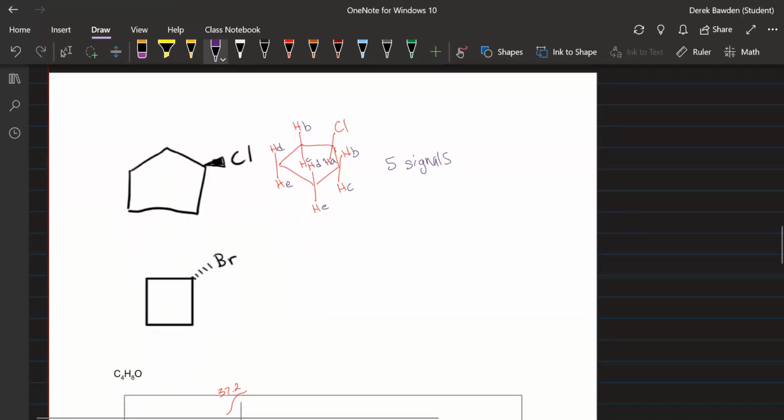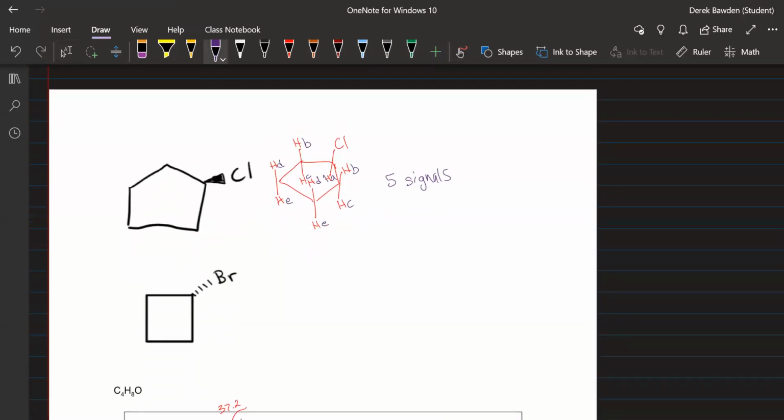Okay. So now we're going to do the same thing for this next ring structure. We're going to draw it in a 3D way so that we can see each of these bonds. So we have a 4-member ring. We have a bromine facing downward, and the rest of them are hydrogens. So the hydrogen attached to the same carbon as the bromine is going to be unique to the rest.